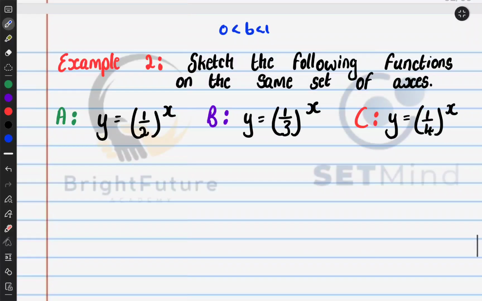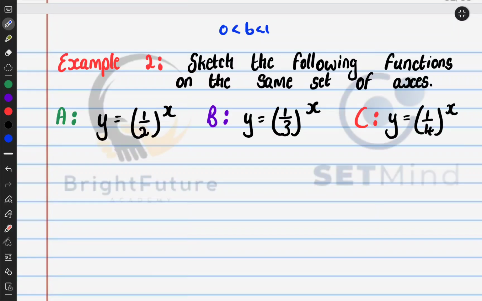Remember what happens when we are focusing on the values of p between 0 and 1: as the value of p gets smaller and smaller, the function becomes steeper.